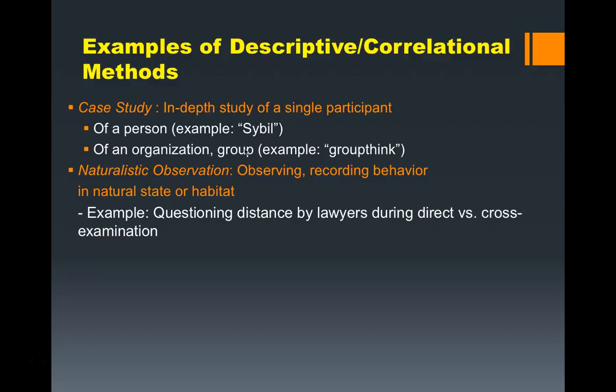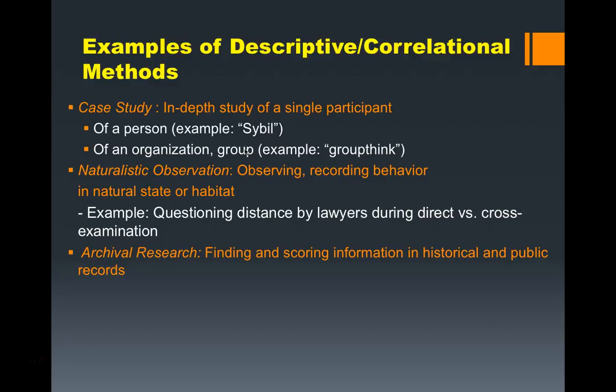But if it's your own client, you keep a greater distance. Give them their space. Let them look more relaxed and perhaps more credible to the jury. So there was a relationship: if the witness is your witness, you keep distance; if you're cross-examining the other side's witness, you get in their face. So we see a correlation.